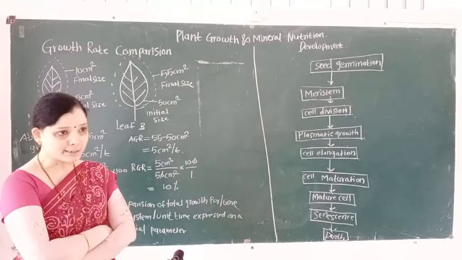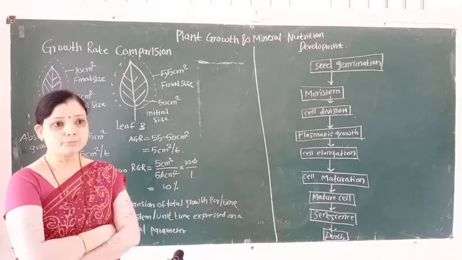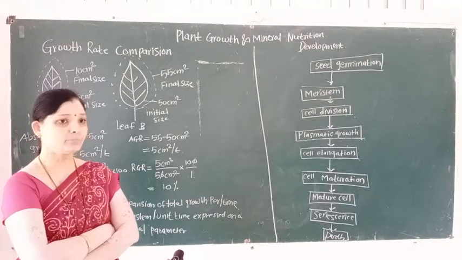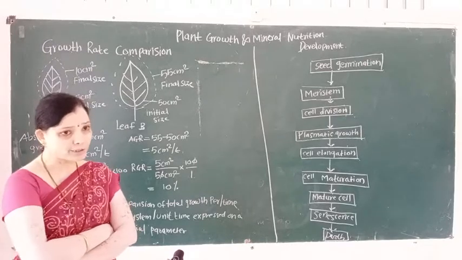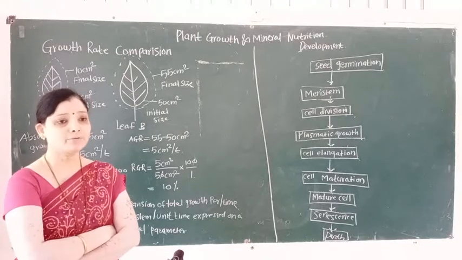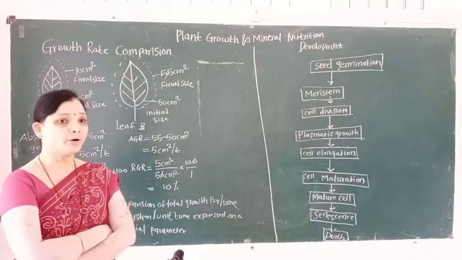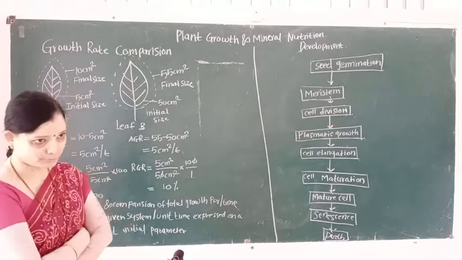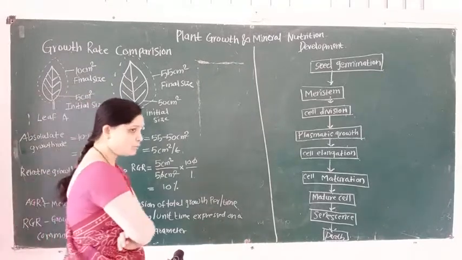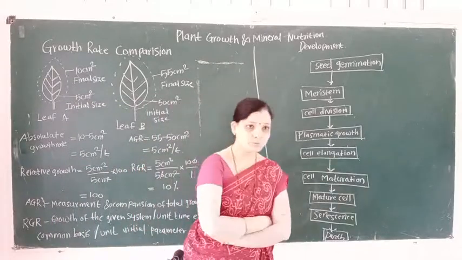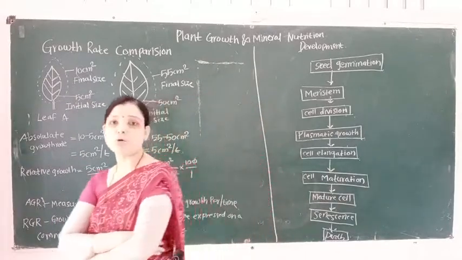Second type is the J-shaped growth curve, that is the exponential growth curve. And third type is known as a sigmoid growth curve. So these are the three types of growth curve.